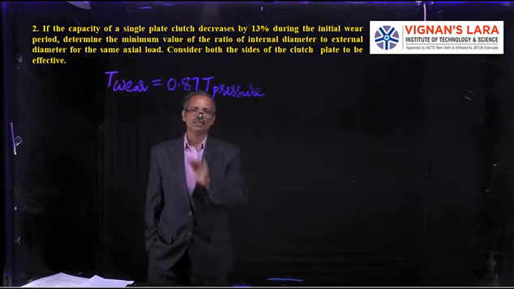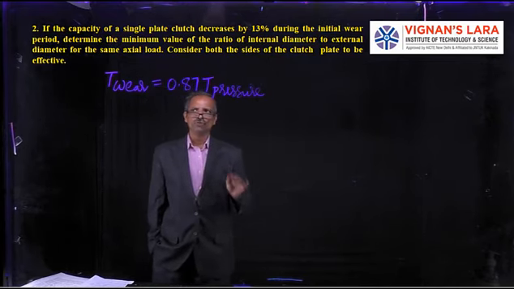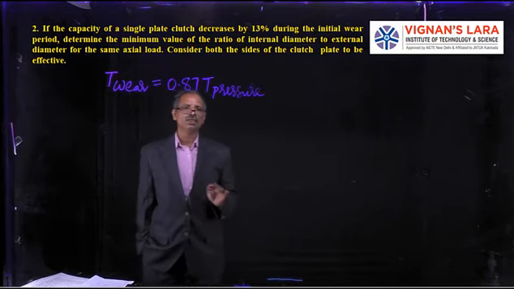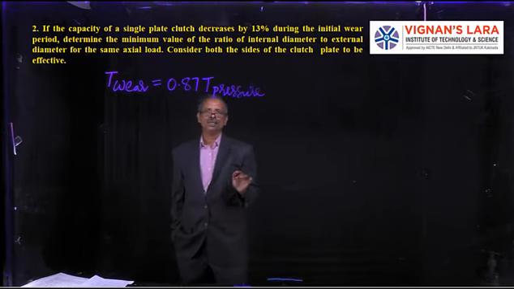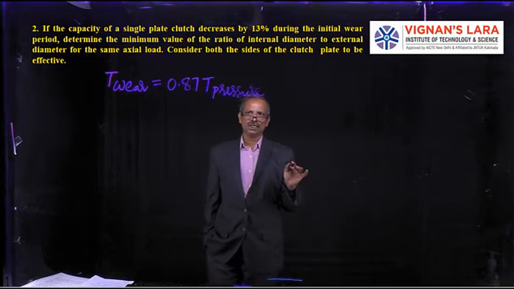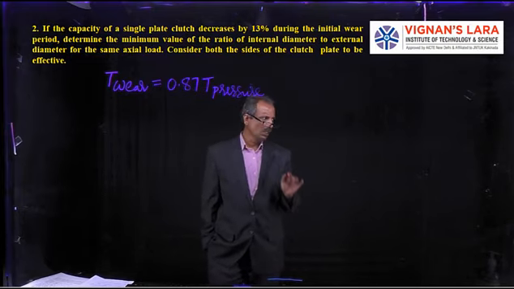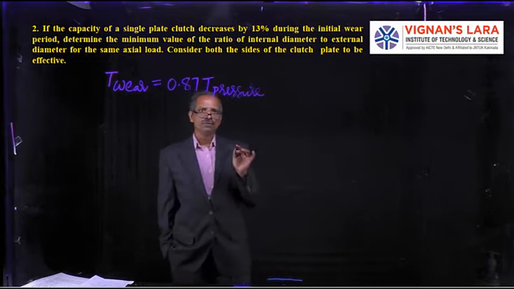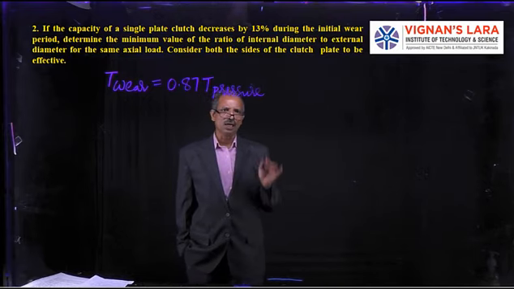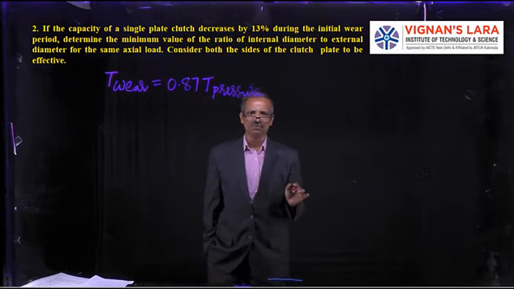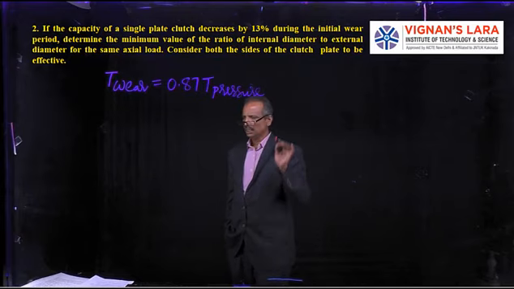That is, the torque transmitted using uniform wear theory is equal to the torque transmitted by uniform pressure theory multiplied by 0.87. You are already aware that with uniform pressure theory, the torque transmitted is more, and with uniform wear theory, it is less.